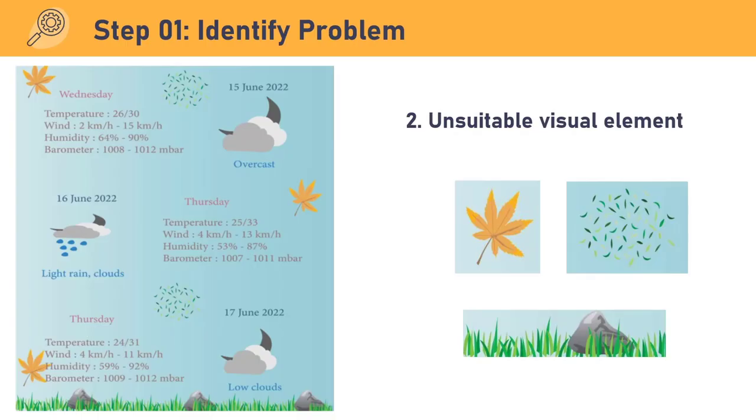Okay, next, the problem that we identify is unsuitable visual elements. As you can see, they want to create a kind of insert or fill-up element, but the element is not related at all. For example, the leaf, and then maybe this is a flying grass, and then obviously this one is a grass and the stone.